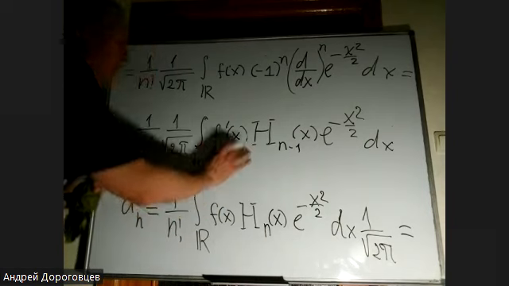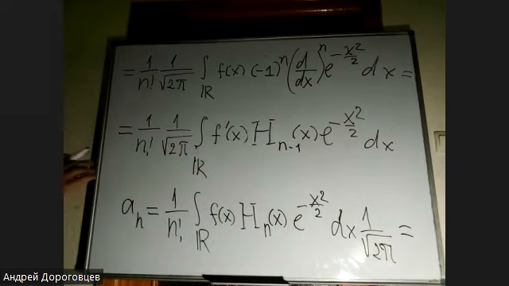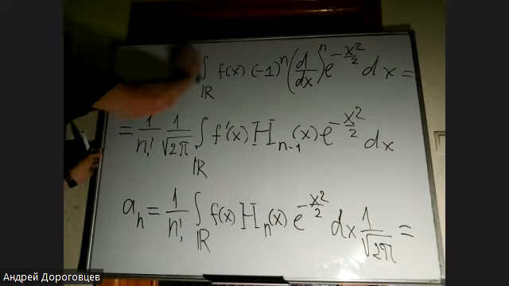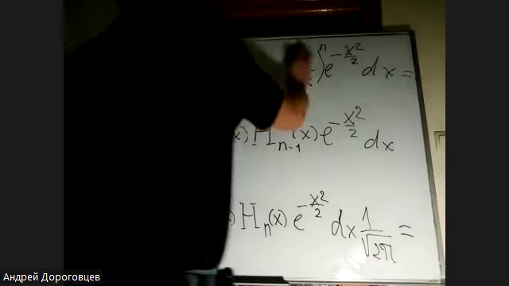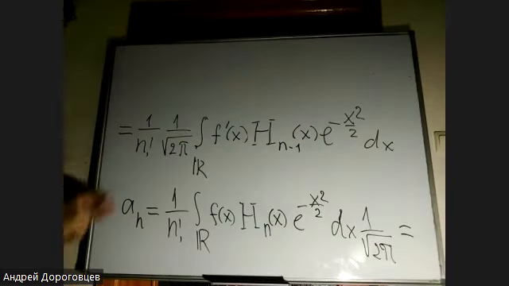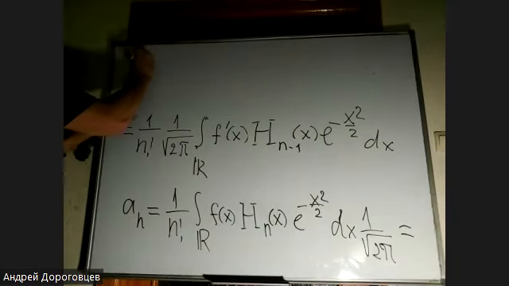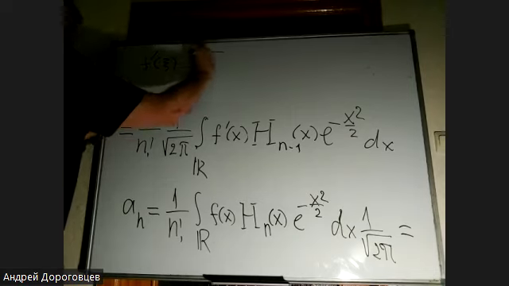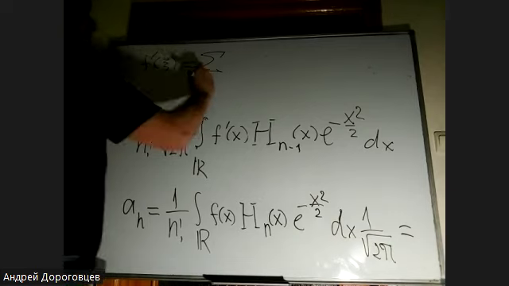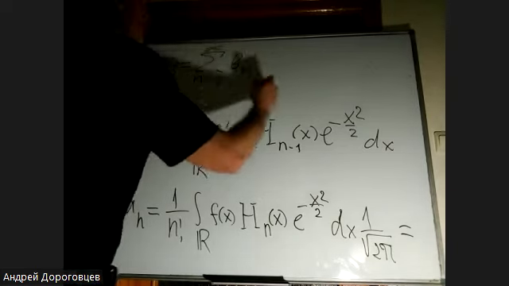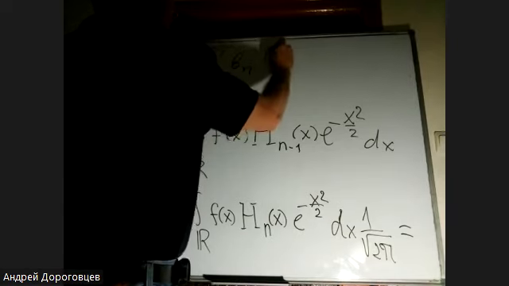to the multiplication of f prime of x. So one can imagine that if we write the series for f prime of xi, suppose that it will be the sum for n equals 0 to infinity of b_n H_n of xi.